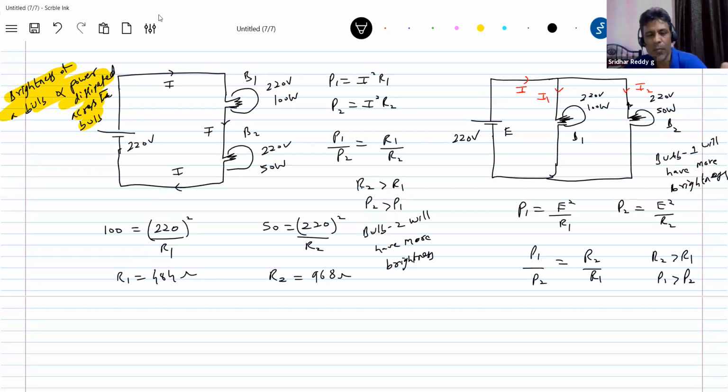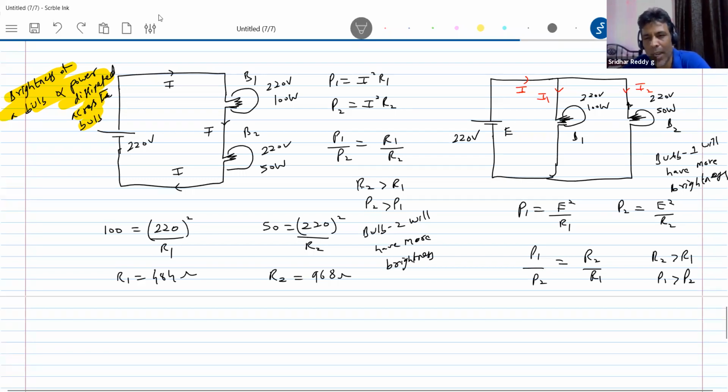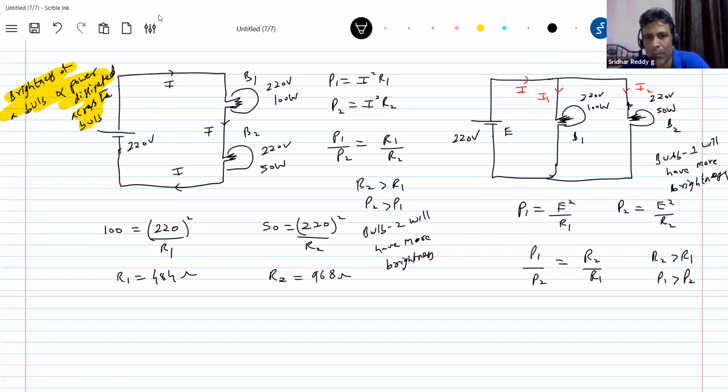Or they'll ask you which will be dim. The one which has lesser brightness, we call dim, D-I-M. When the bulb is glowing brightly, it is bright; less brightness, we call dim. Okay, let's introduce the next problems.